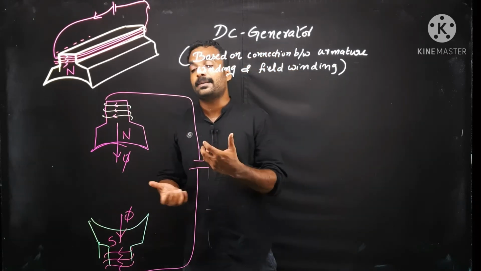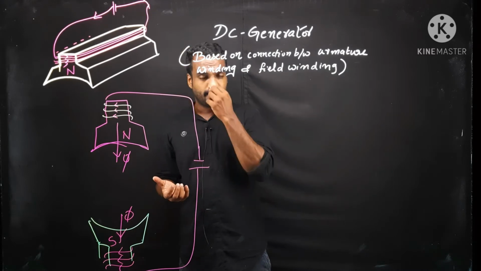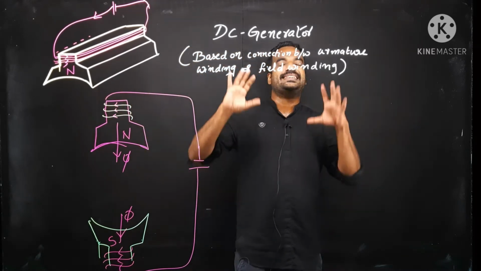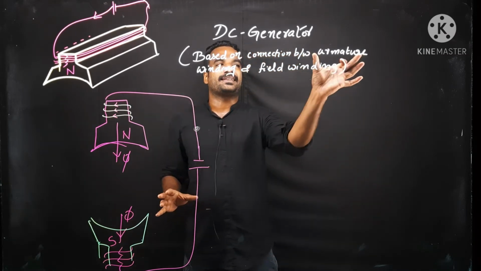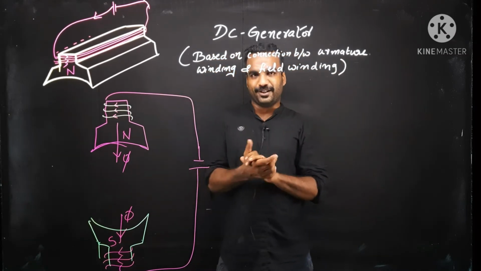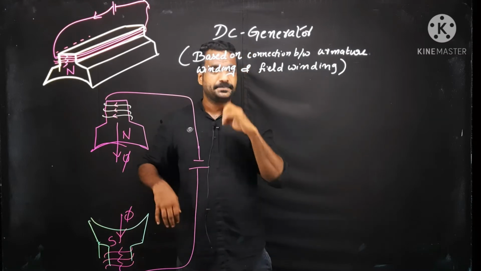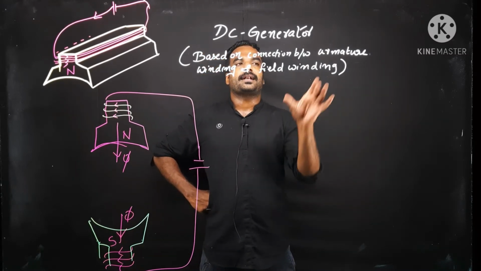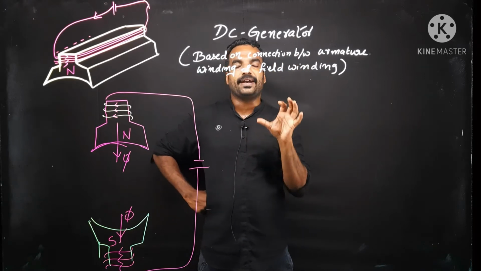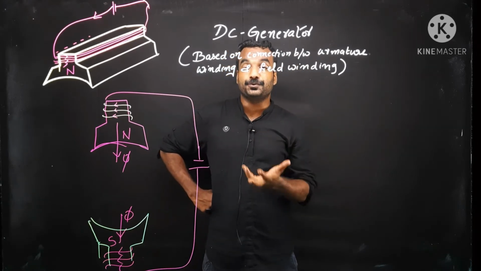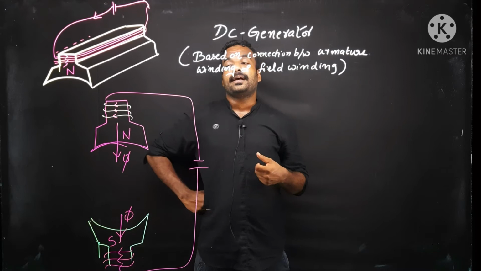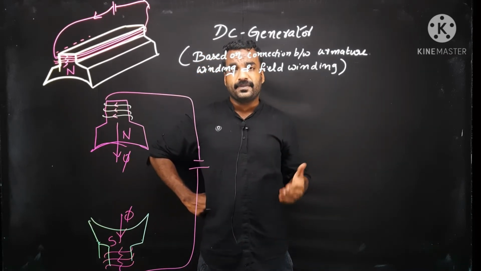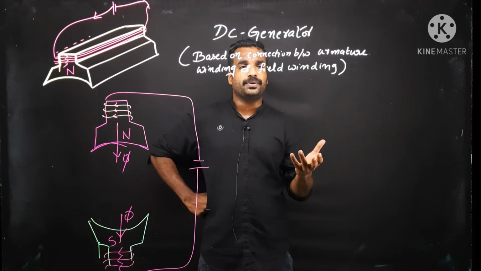So the generated EMF can be used as a source for the field winding, so that there should be a connection between armature winding and field winding. Is it clear? Because armature winding is the winding where current is induced or produced, and we know that current is AC, and our commutator will convert that to DC.